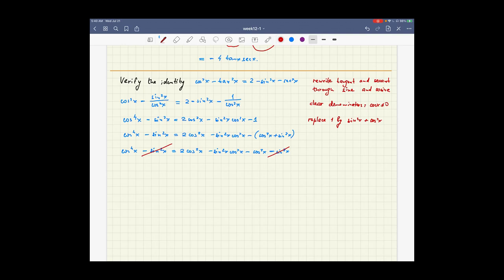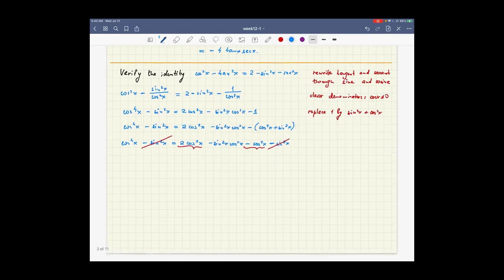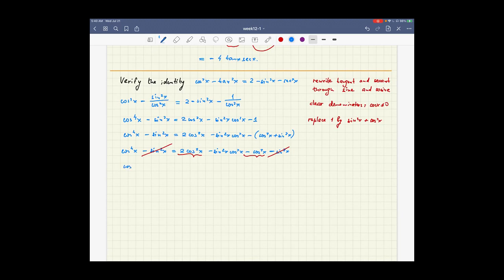Also, 2 cosine squared minus cosine squared combine, and so we get cosine to the fourth x equals cosine squared x minus sine squared x cosine squared x.